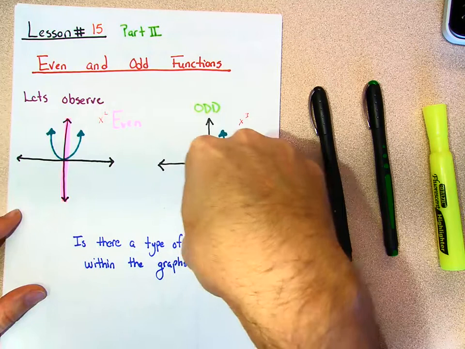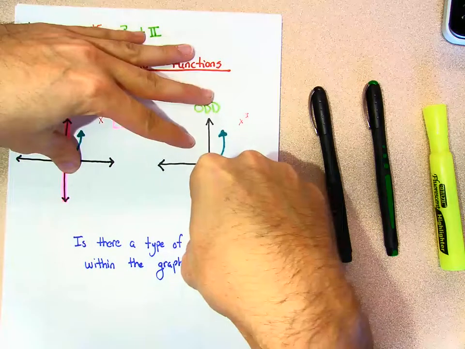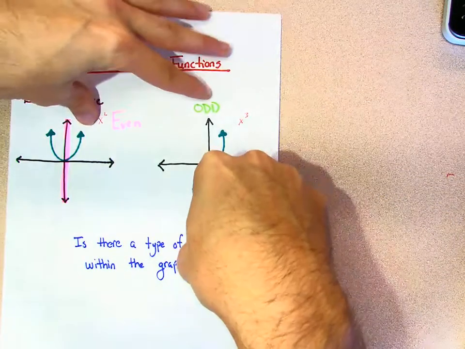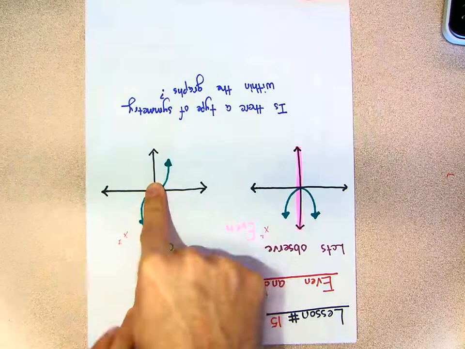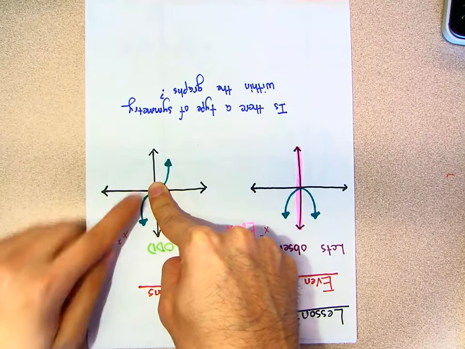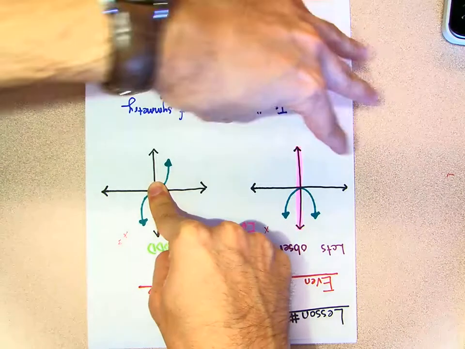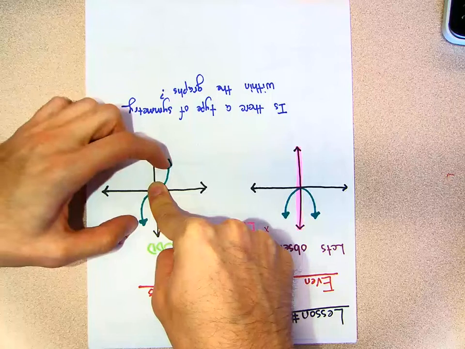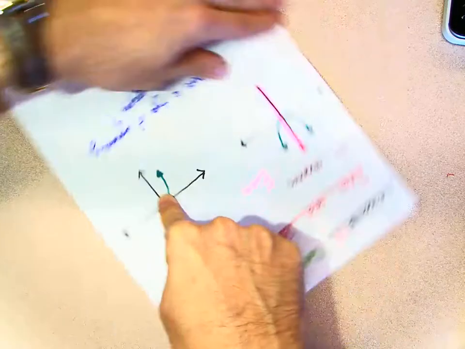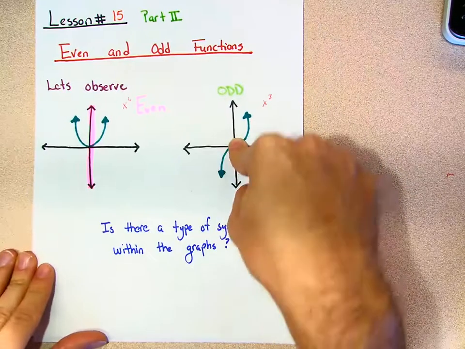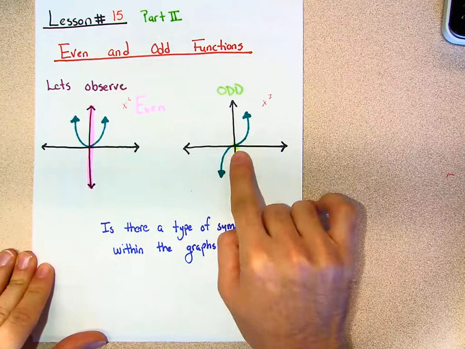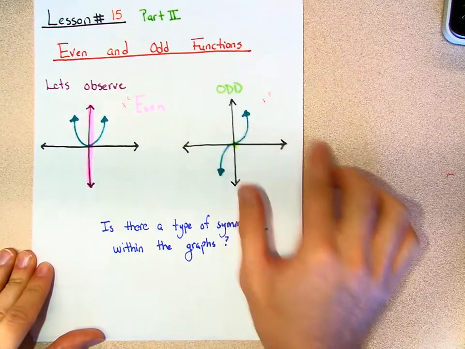If I put my finger right here, notice I'm going to turn the paper 180 degrees, and bam, I get the same graph. Watch, I'll do it again. If I do another 180 degrees, look, nothing, it won't change anything. And this is what we call an odd function. This is what we call an even function, okay?